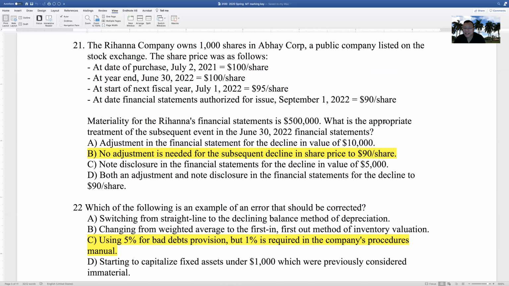I don't care how much the share price is going to drop the day after. Okay, am I correct using $100 per share as the share price for the date of June 30th, 2022? The answer is yes, right? That's how much the share was worth on that date, okay? So you don't have to do any adjustment, right? You don't have to.